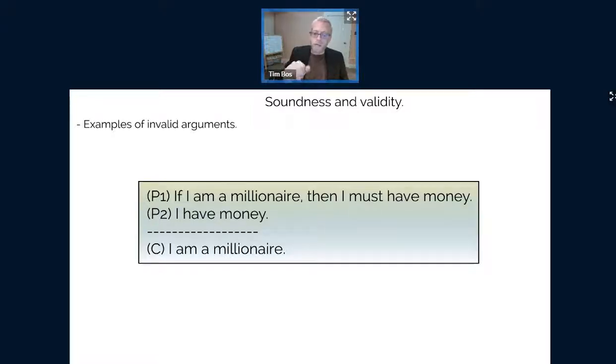Right? This format, if A then B, B therefore A, is not consistent. You could plug in things for A and B and end up with true premises and a false conclusion. That's what happened right here. And that means that argument format is generally unreliable. You can't rely on an argument format that goes if A then B, B therefore A.